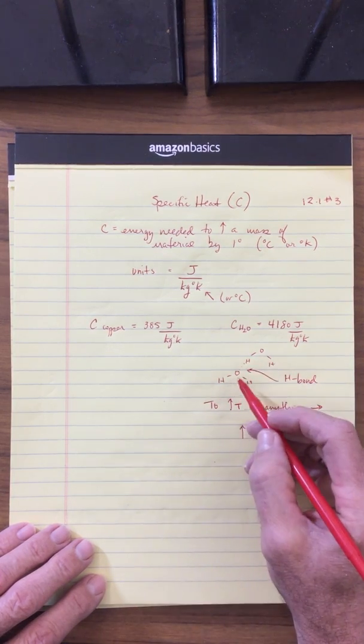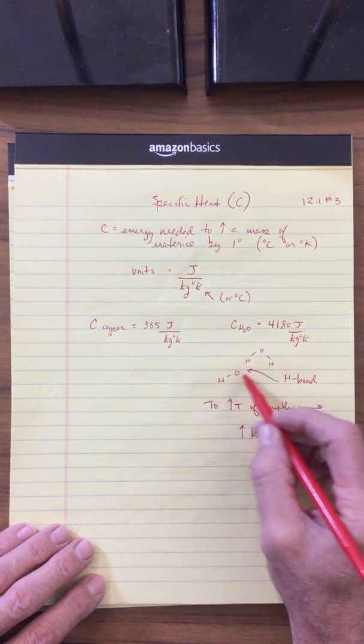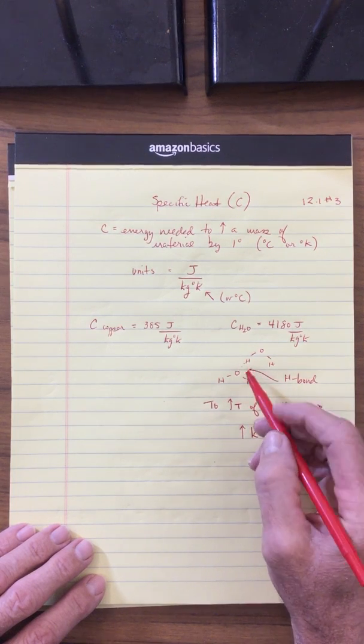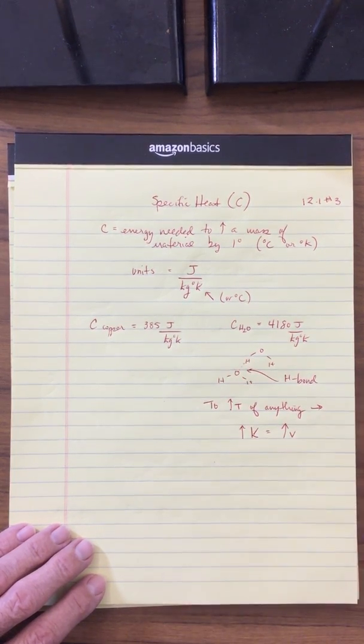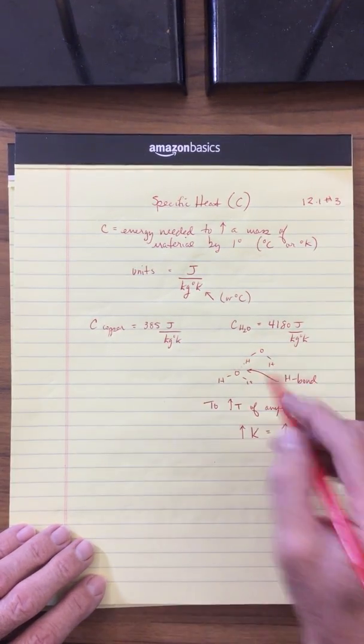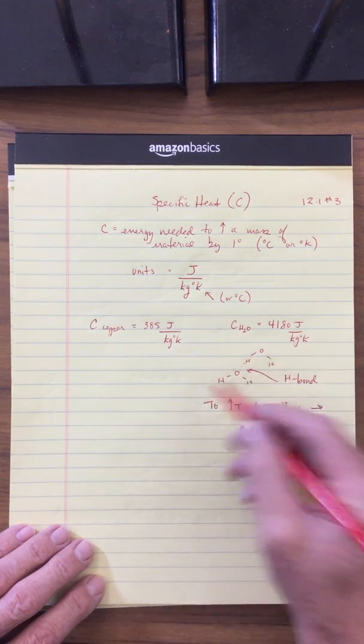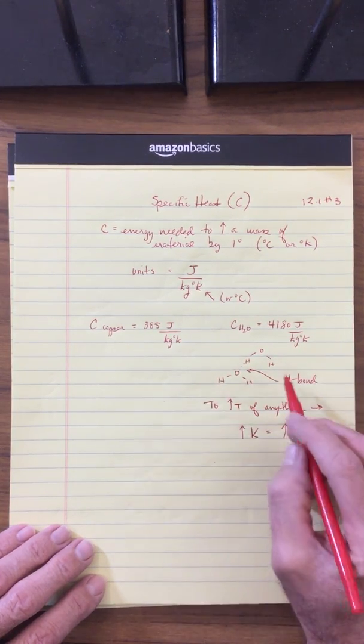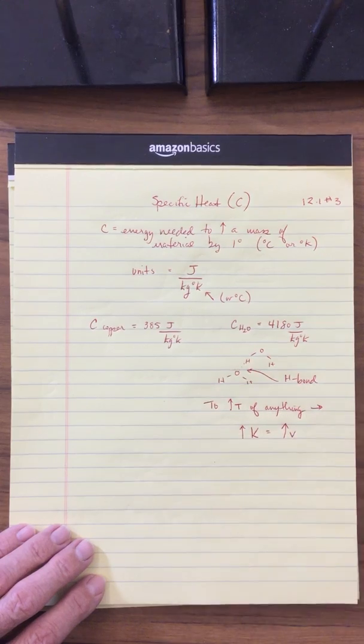Well, these water particles are electrically attracted to each other because we have these partial negatives and partial positives, and it forms this magnetic attraction. Water likes to stick to itself. In order to get these to be more freely moving around each other, we have to break that hydrogen bond.